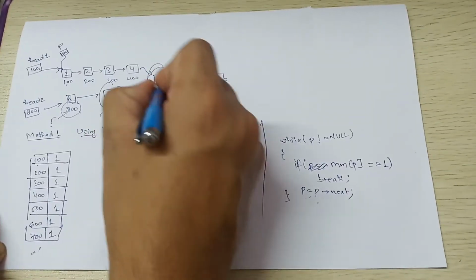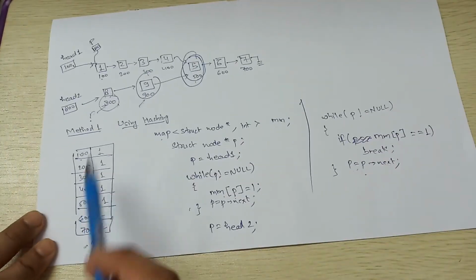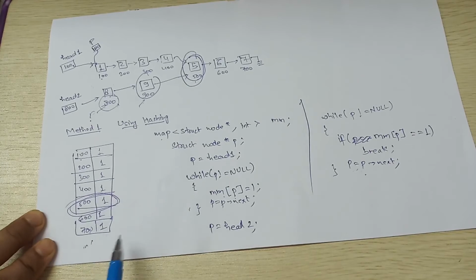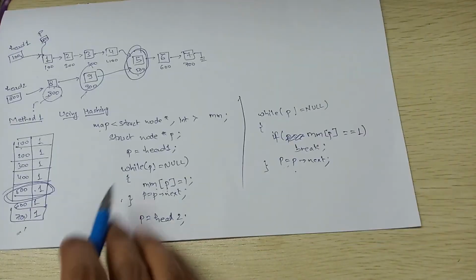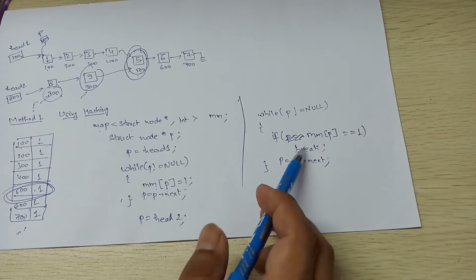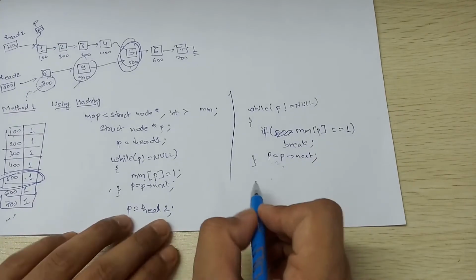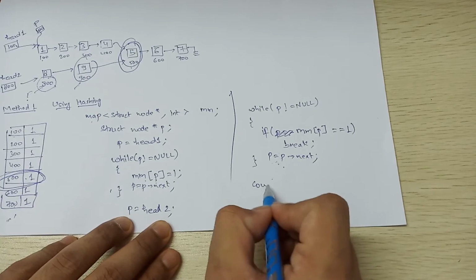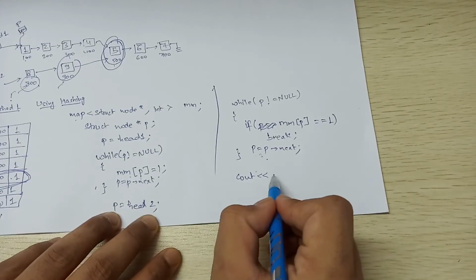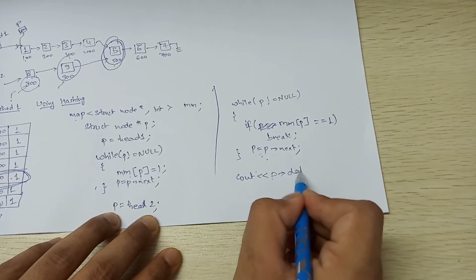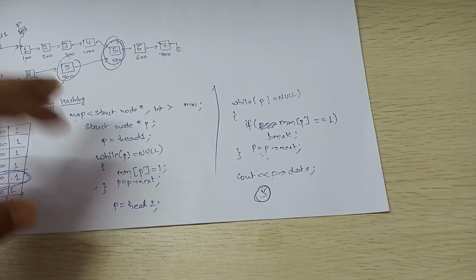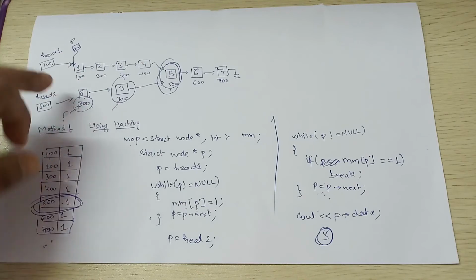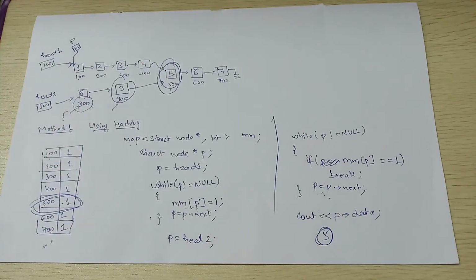Once it comes here, it checks and finds the node we have already traversed. Once it finds that in the hash map, it breaks the loop and comes out. As soon as it comes out, we just print p's data. It will print 5, and this is the point where these two linked lists intersect each other.